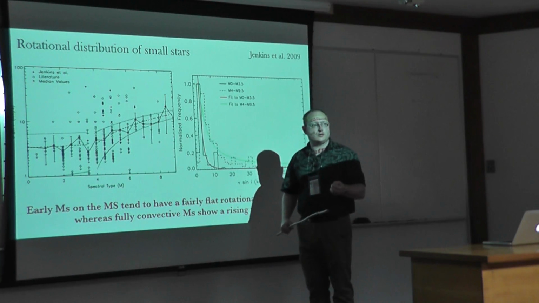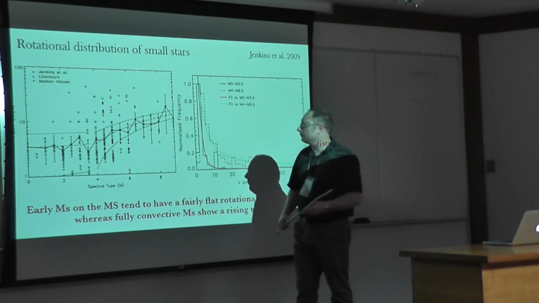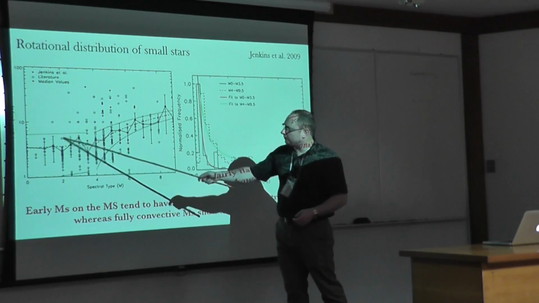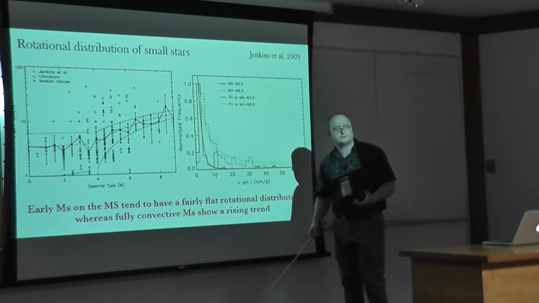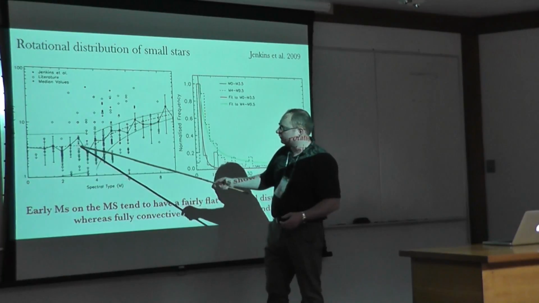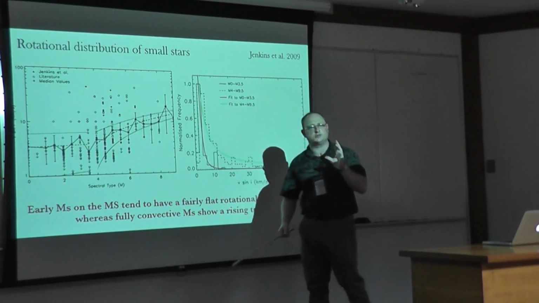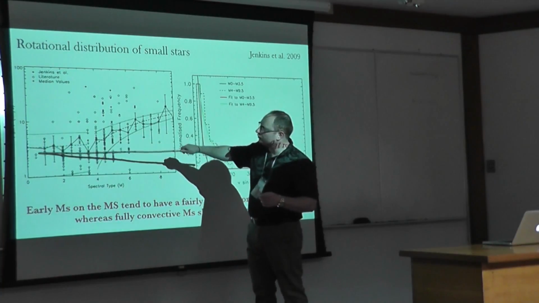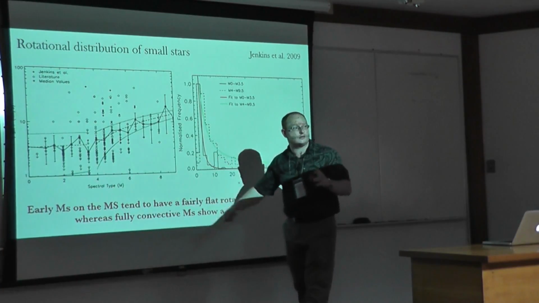We want slowly rotating objects, and I'll explain why in more detail tomorrow. What we found is that the partially radiative stars, the early M dwarfs, are quite flat. Their rotational velocity distribution tends to be quite flat, and it's low. It's a few kilometers per second.